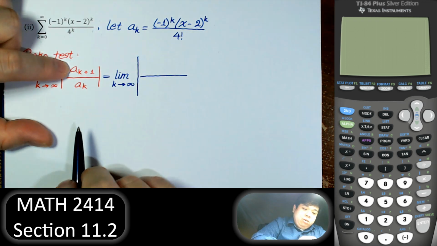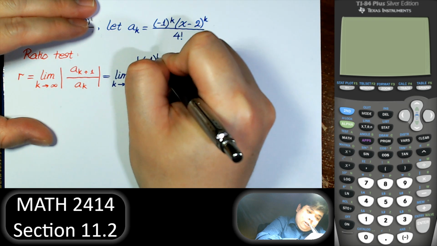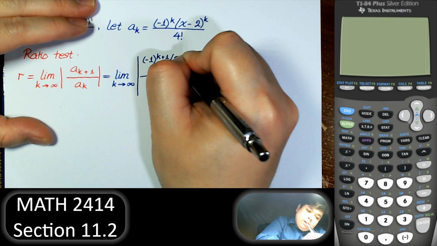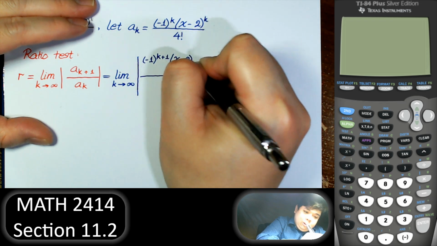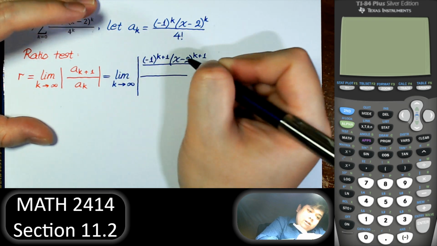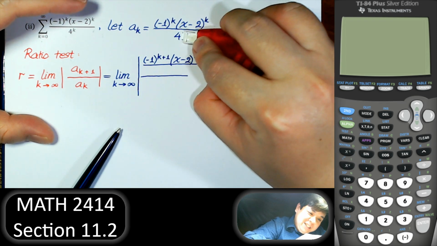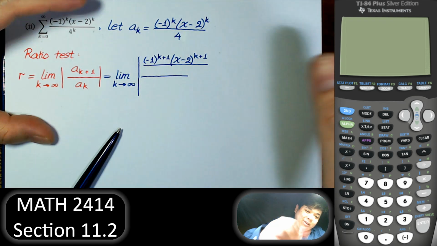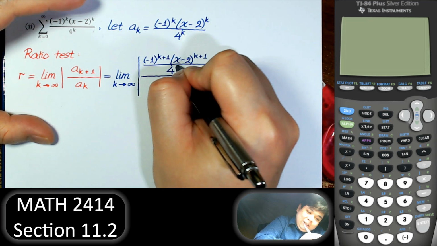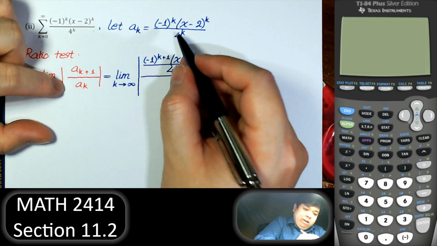For a sub k plus 1, put k plus 1 in here: negative 1 to the k plus 1, x minus 2 to the k plus 1. I don't know why I write 4 factorial like that. It's supposed to be 4 to the k. And a sub k will be that.